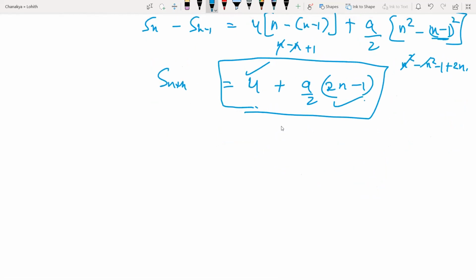So why are we doing it this way? Because Sn minus Sn minus 1 gives the displacement in the nth second.